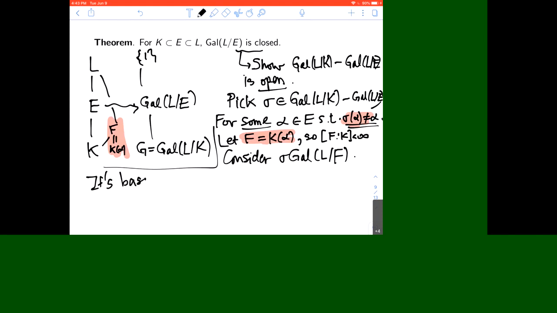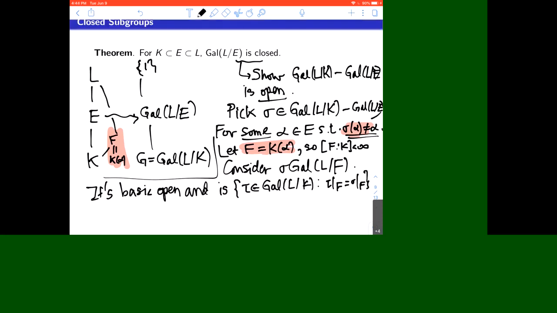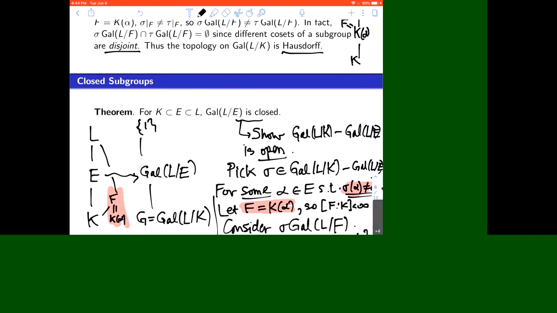It's a basic open. And it's all the elements in the Galois group of L over K, in the big Galois group, that look the same as sigma on that field.